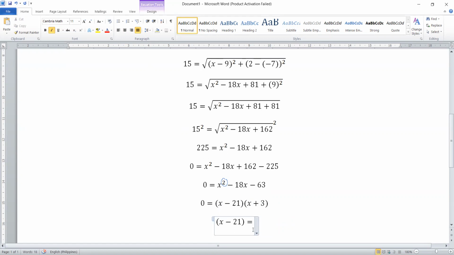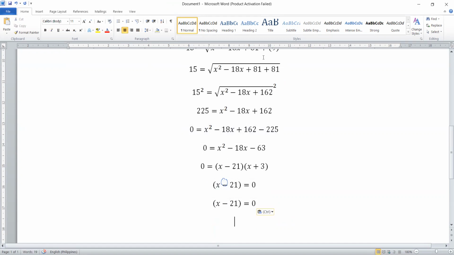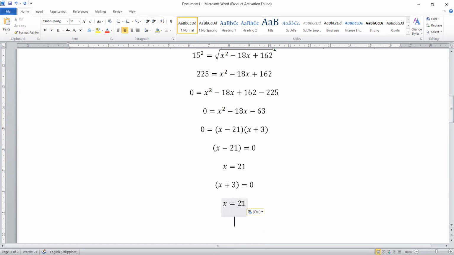The first factor first, x minus 21 is equal to 0. So that will be x is equal to 21. Next, the other factor, x plus 3 is equal to 0. That's x is equal to negative 3.